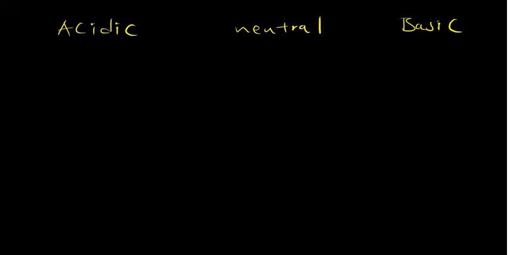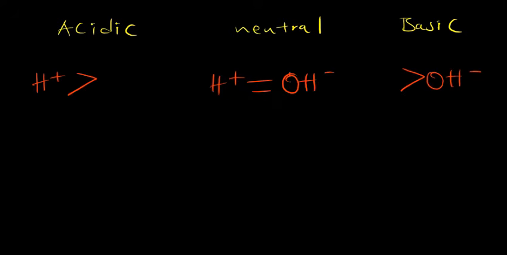In a case where you've got more of the hydrogen, it is acidic. In a case where you've got more of the hydroxide ions, it is basic. When they are equal, it is neutral. I want you to understand that basic is associated with hydroxide ion presence, and acidicness is associated with hydrogen ion presence. That's very important for you to know.